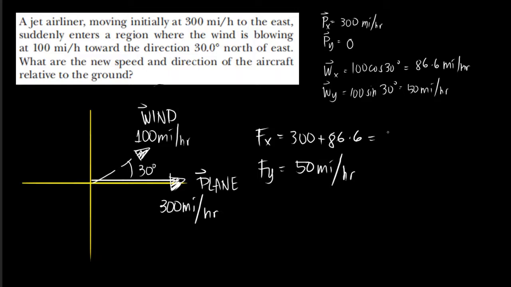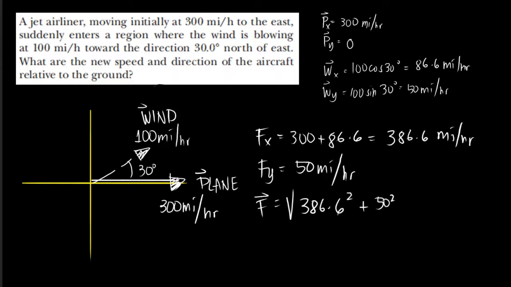So it's 386.6 miles per hour. Now the resultant is the square root of 386.6 squared plus 50 squared. So, it's 389.82 miles per hour.